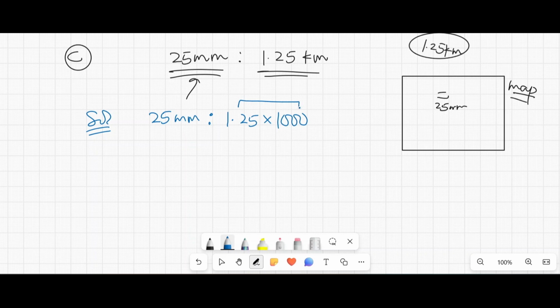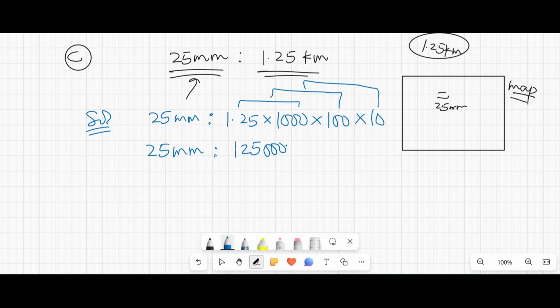Now meters will be converted into centimeters, and then centimeters will be converted into millimeters. So 25 millimeter ratio, and when you multiply this, you will get 1,250,000.